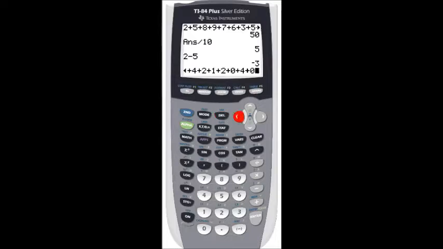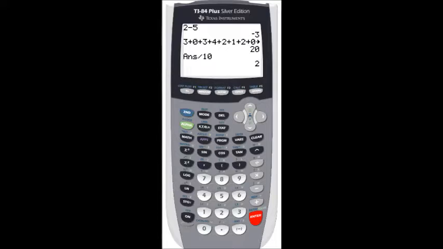Alright, so now I have all my digits put in. I'm going to hit enter. It gives me 20. And now I'm going to divide that by 10, which was the number of data that we added up, the number that we inputted. So we're going to hit enter. That's going to give me 2.